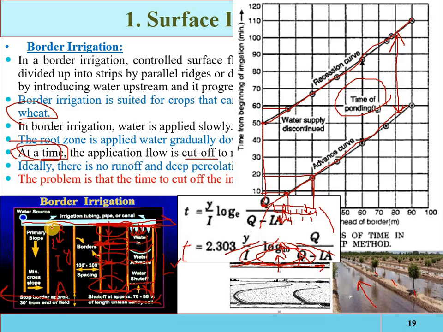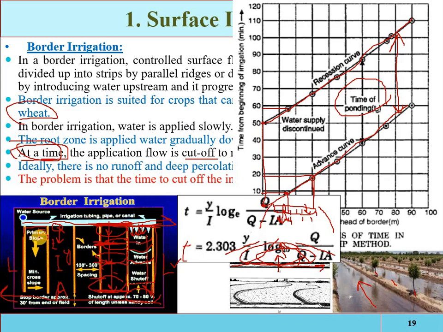Another parameter used in the design of the border is how much length of the border should be selected so that the deep percolation and runoff losses are reduced and the area is properly irrigated. The recommended width of the border is from 10 to 20 meters.